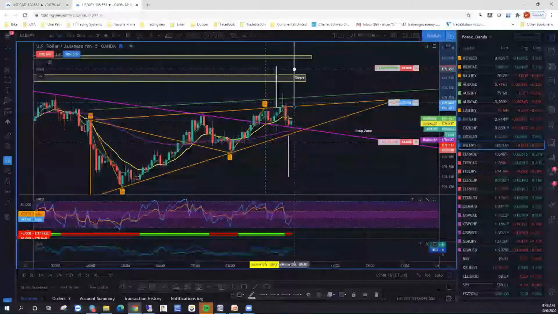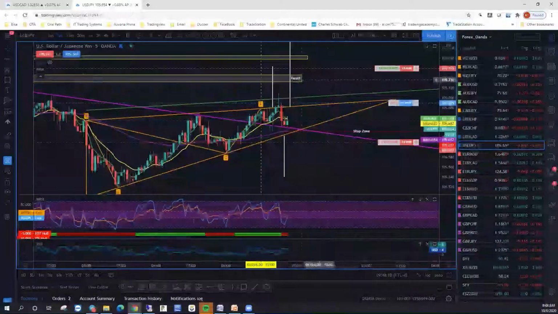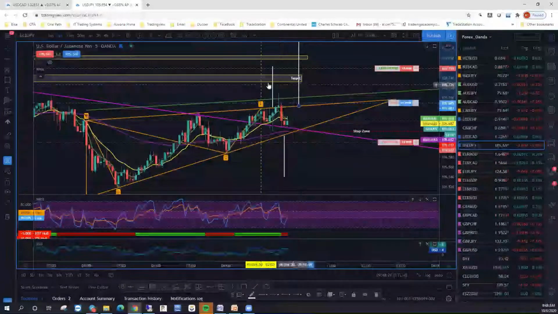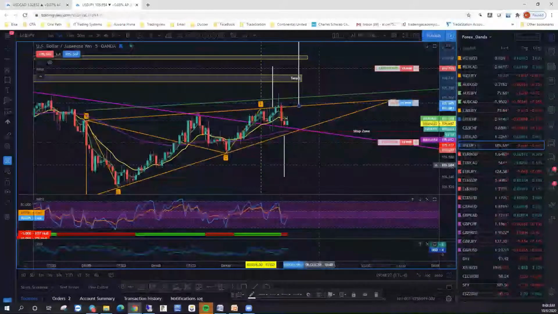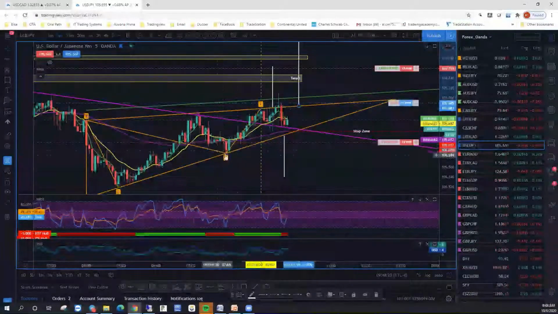So those are two different target areas if it breaks to the upside. Still respecting the 62, still respecting the bottom of the wedge.